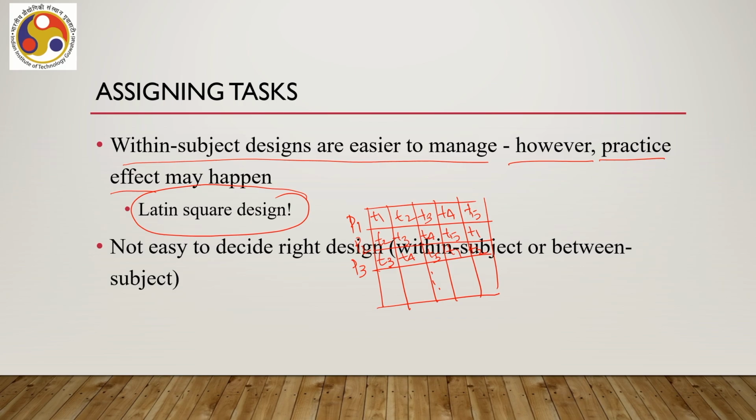Now, it is generally not easy to decide the right experiment design, whether we should go for within subject or between subject. It depends on circumstance, it depends on availability of participants, it depends on availability of resources.